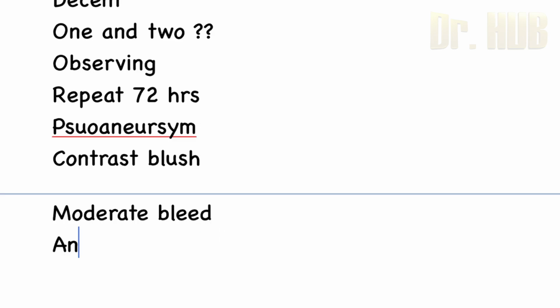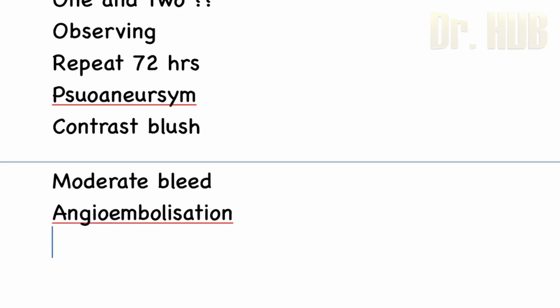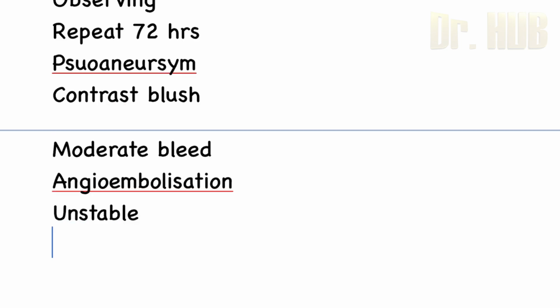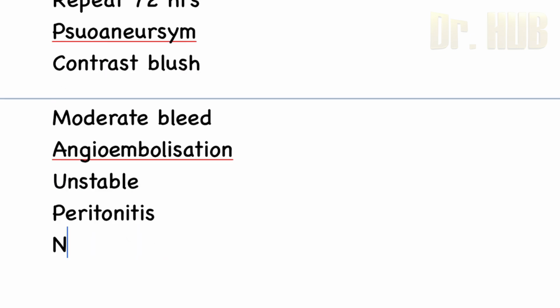After this, you go for angioembolization. If the patient is unstable, has peritonitis, or angioembolization is not available, you move on to exploratory laparotomy or splenectomy.